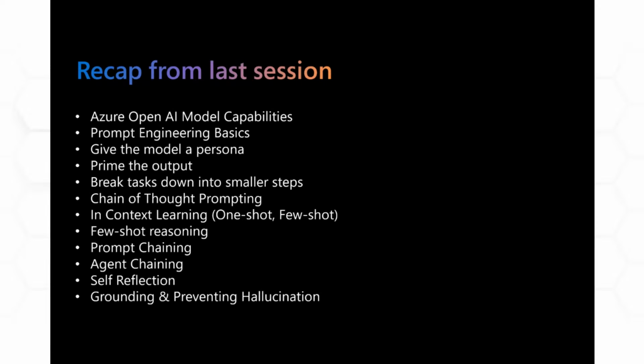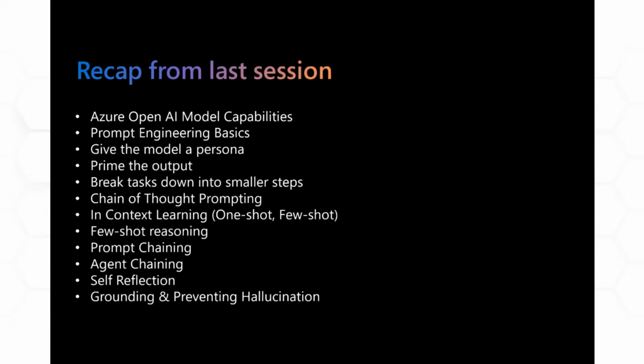We then jumped into chain of thought prompting, where we covered step-by-step approach, letting the model think step by step. We also covered in-context learning, which is fine-tuning the model by giving it information in the prompt itself, whether it's one shot or a few shot, so one or a few examples.